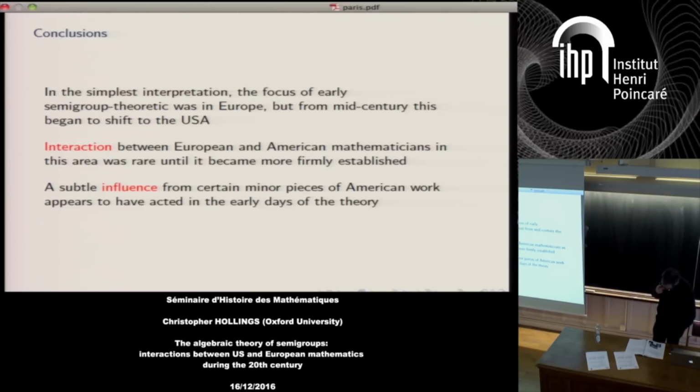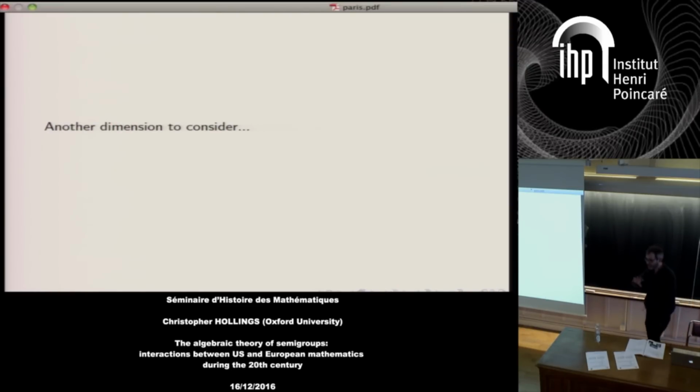Okay, so those were my conclusions, and I said that I had a sort of addendum to the talk, which I hope doesn't go too far away from the theme that I was given. But I started to think about this interaction versus influence distinction, and realized that there's possibly another dimension to consider here.